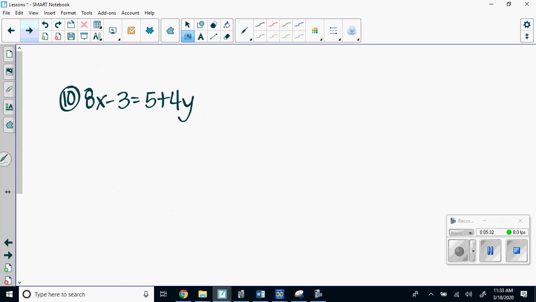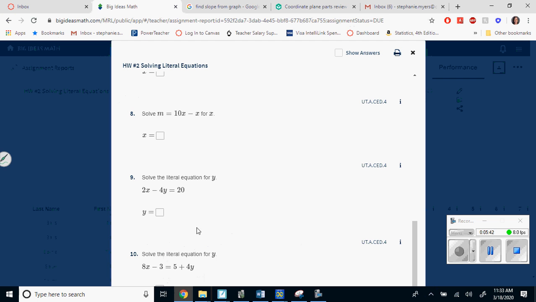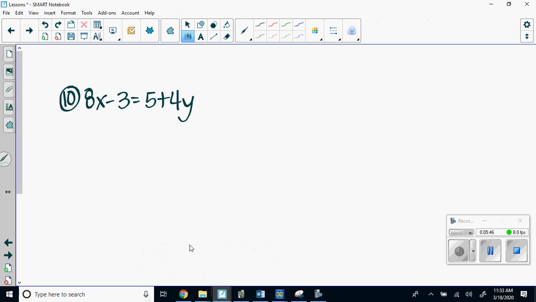And I've got one more problem for you here. This one is also on the homework. We are asked to, let me double check because I didn't write that one down and I don't remember. Yeah, we need to solve for y on that problem. So this is number 10 from homework number 2, don't fast forward and get to the answer. Follow along as I do this. We're trying to get y by itself.